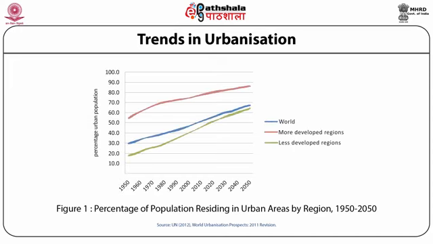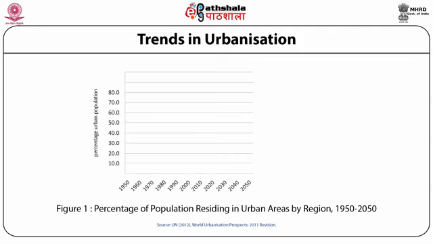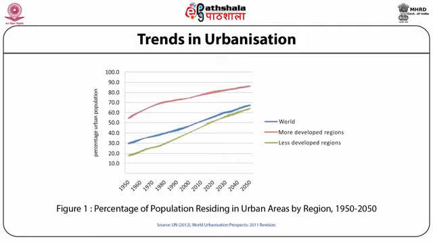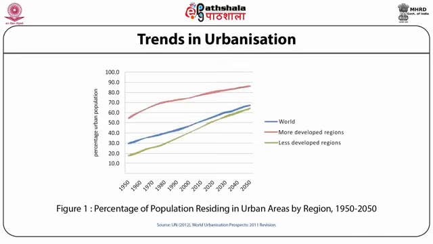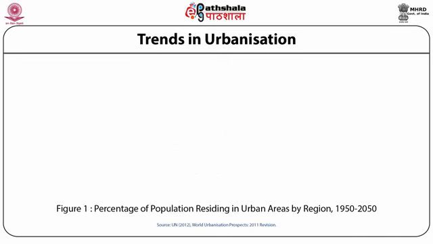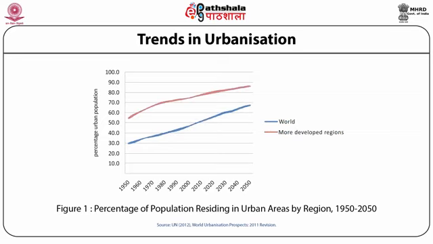Further, the narrowing gap between the rate of urbanization of more developed regions and the less developed regions is due to the reason that the decline in average annual growth rate of urban population for the more developed regions is much greater than that of the less developed regions.